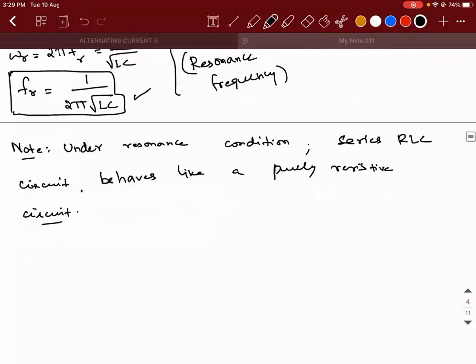Means the impedance value for a series RLC circuit in resonance condition is equal to R itself. So this is also a point that you need to remember.